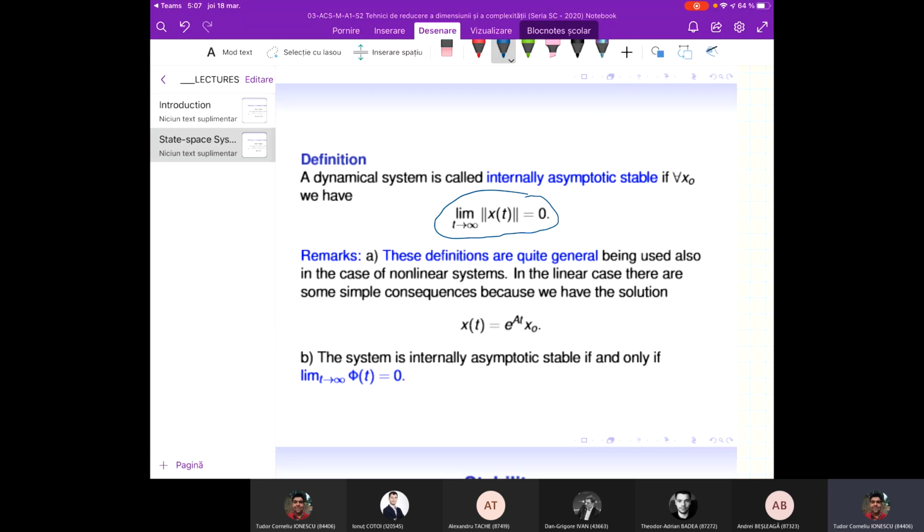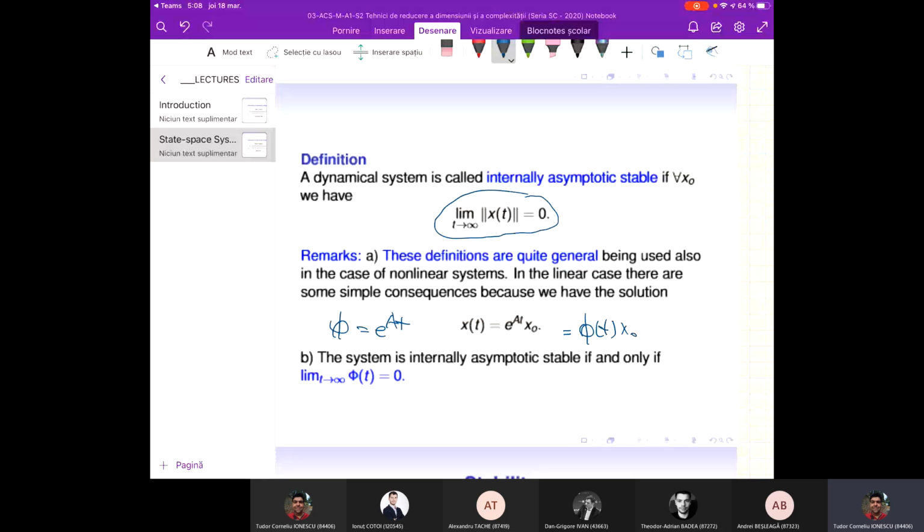So the definition has a simple consequence: the system is internally asymptotically stable if and only if the transition matrix, which is phi of t equals e to the power At, so x of t is phi of t x0, where x0 is a constant, goes asymptotically to zero when t goes to infinity.